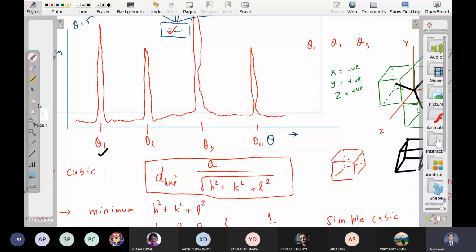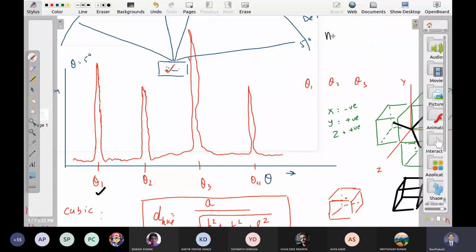Put that value of theta here, and you will get the interplanar spacing or lattice parameter. That's how we use both theory and experimental data together to get a meaningful output.